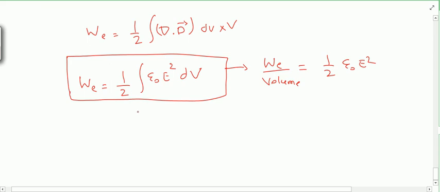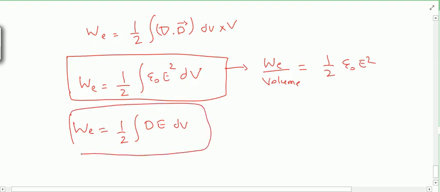So as you know that epsilon naught E is D, this expression can be written like this also: epsilon naught E becomes D, so half D dot E, or if I just take the magnitude only, half DE dv.